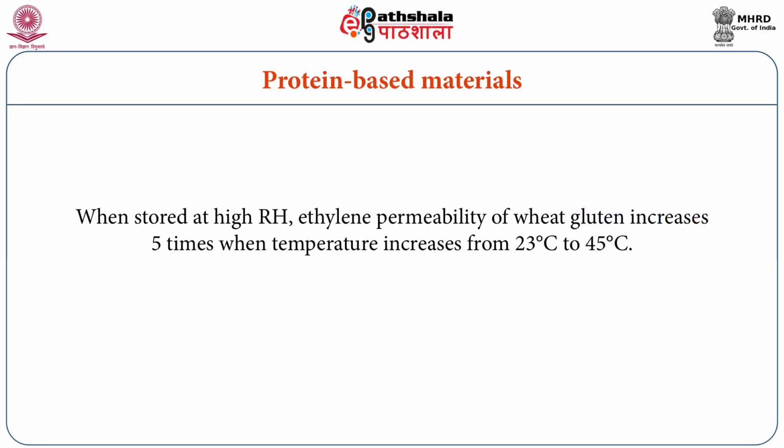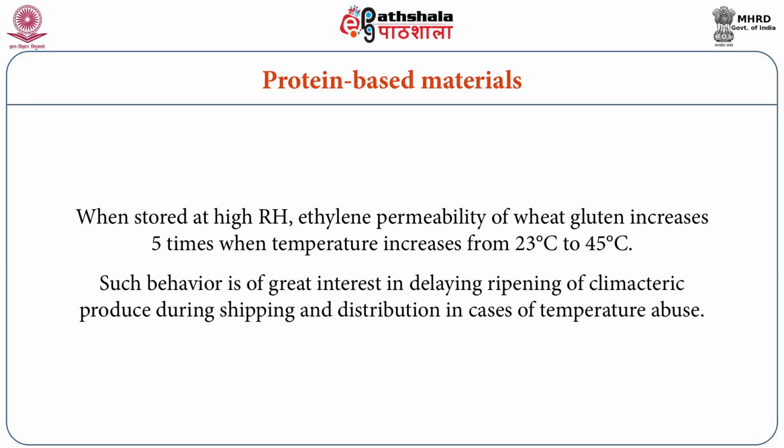When stored at high RH, ethylene permeability of wheat gluten increases 5 times when temperature increases from 23 degrees Celsius to 45 degrees Celsius. Such behavior is of great interest in delaying ripening of climacteric produce during shipping and distribution in case of temperature abuse.